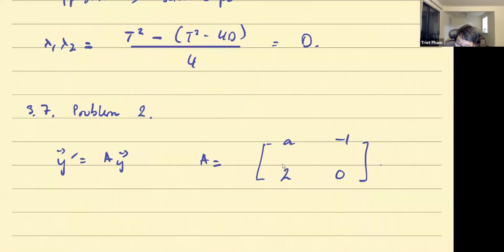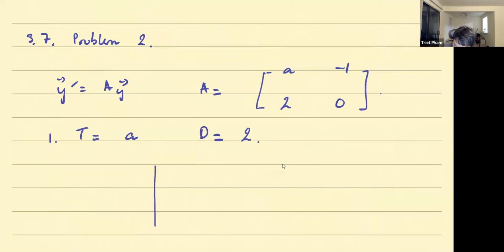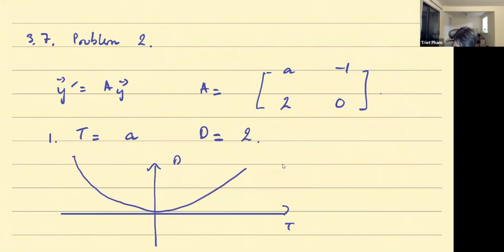So here, first you want to find the trace and determinant of this matrix as a function of little a. So what's t? T is a. D is 2. Okay. So now you plot this on the TD plane.